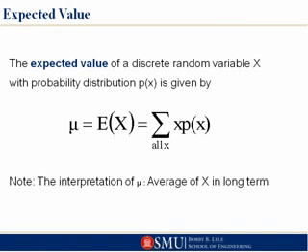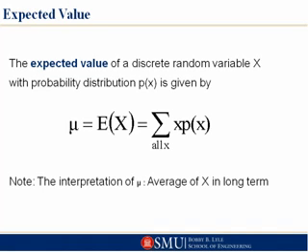Another way to say that is E of capital X, so the expected value of X is equal to the different values that the random variable could take across the whole sample space, all the different outcomes, times the probability of X. And you sum that product up across all X, the different values that the random variable can take.